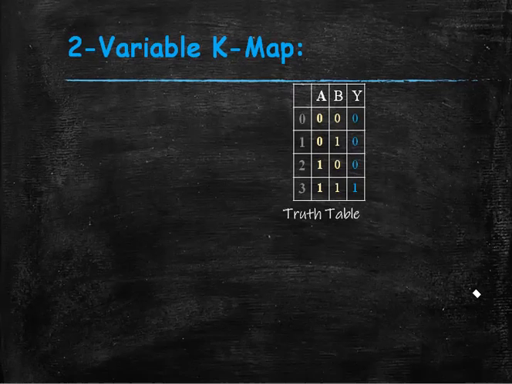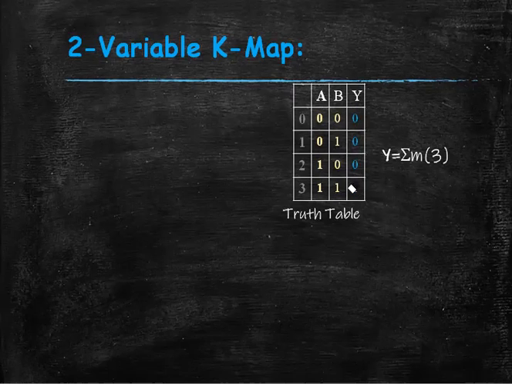And now we go to write the SOP from the truth table. The SOP means the sum of products. Look at the truth table.